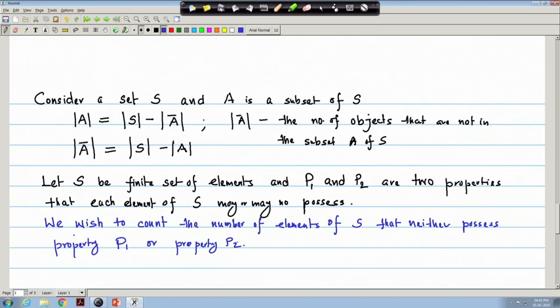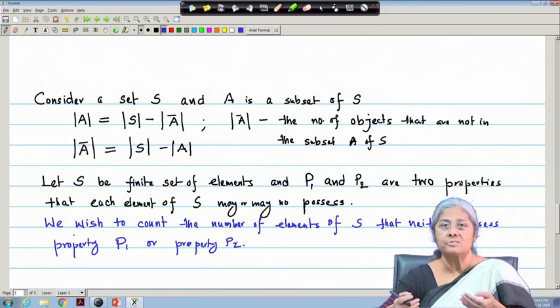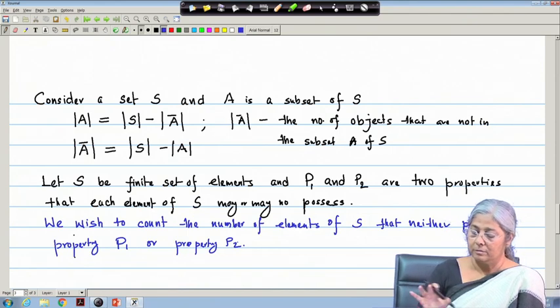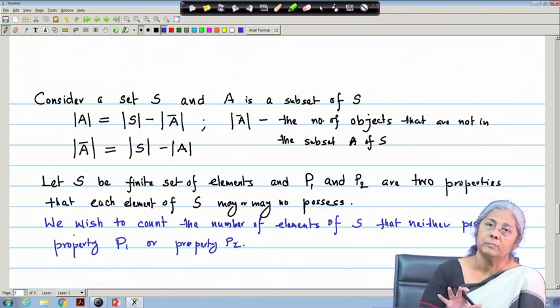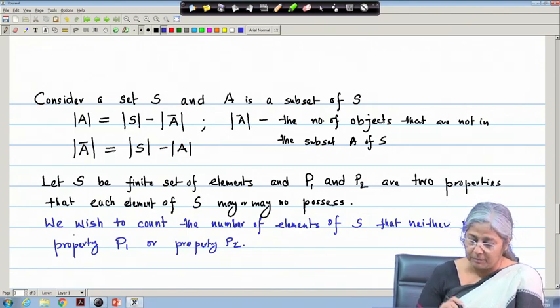With this example or illustration, we try to frame the inclusion exclusion principle.